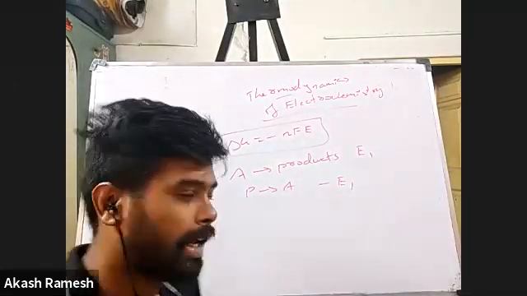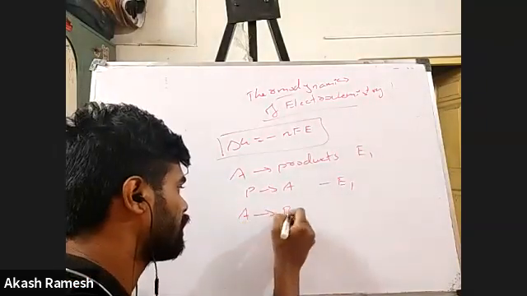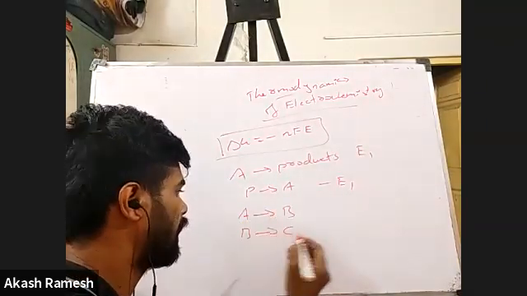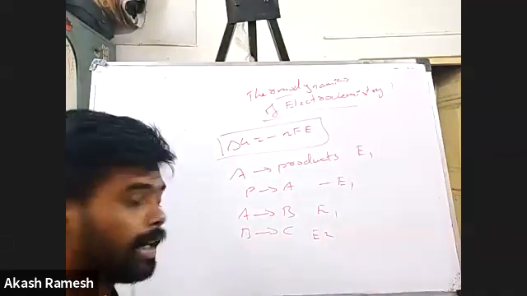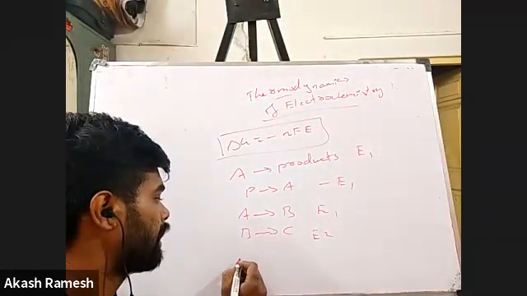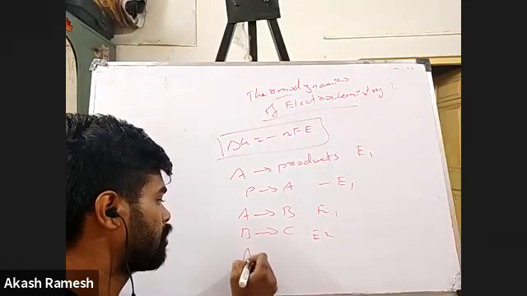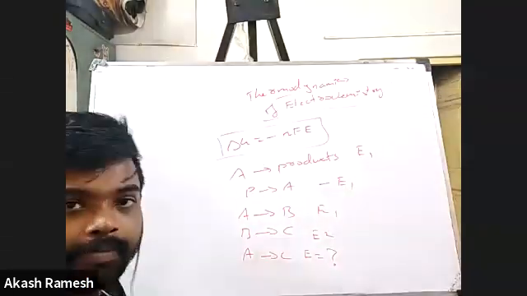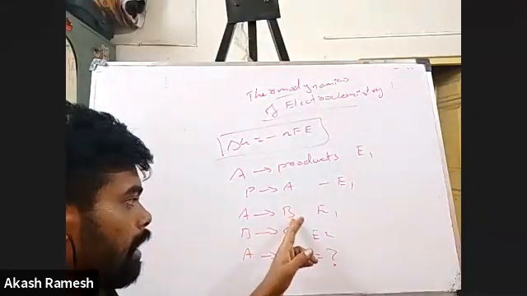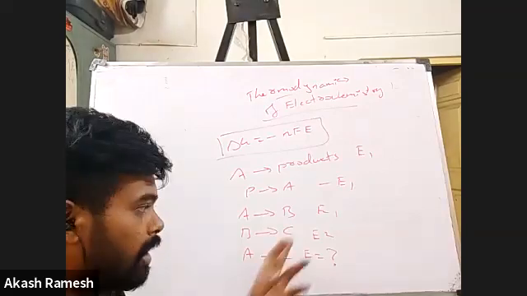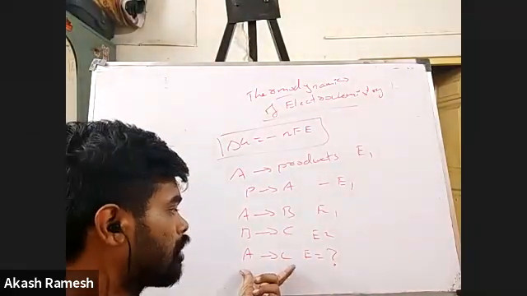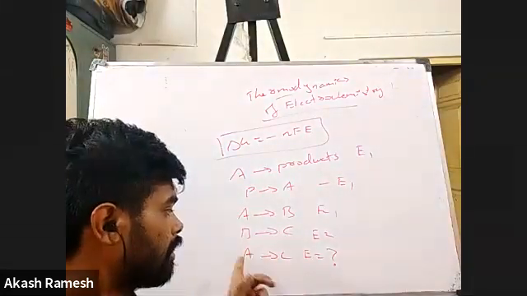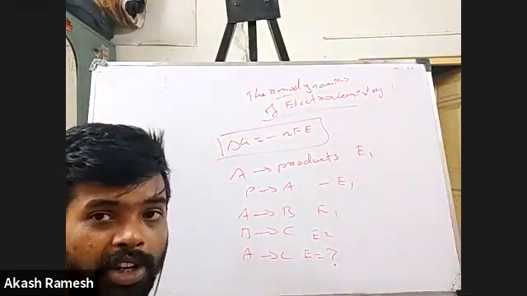Okay, but say if I have A giving B, B giving C, and say this is E1 and this is E2, right? And I want to find the reduction potential value for A giving C. I have given you A giving B, the potential of the reaction is E1, and for B giving C it is E2, and I ask you to find A giving C, what will be the potential value.